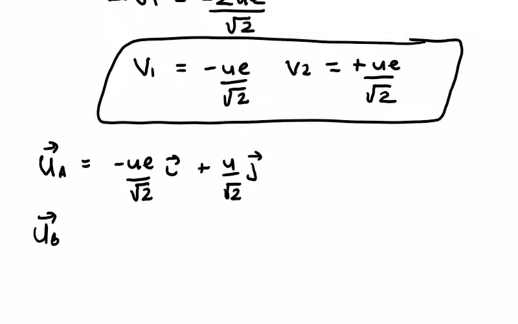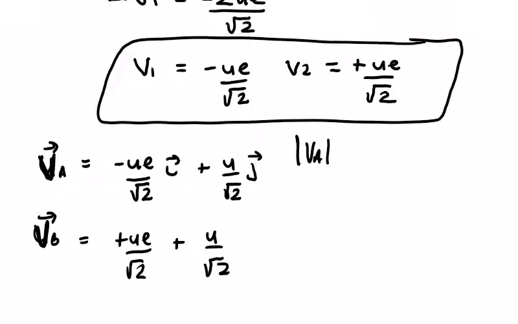For B, we had plus UE over root 2 in the I direction, plus U over root 2 in the J. And the magnitude, I should probably call them V, the magnitude of the velocity of A, which is the speed, is equal to the square root. They're both going to be the same actually, we're going to be squaring them, so we get rid of the negative. So the speed of A and B is the square root of this guy squared, U squared E squared over root 2 squared, which is 2, plus this guy squared, U squared over 2.